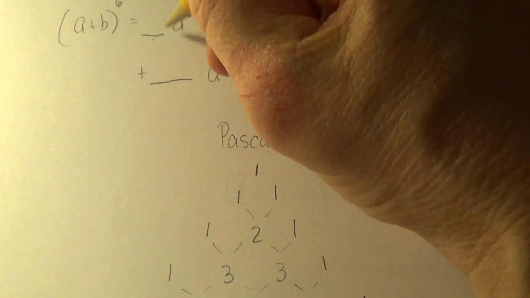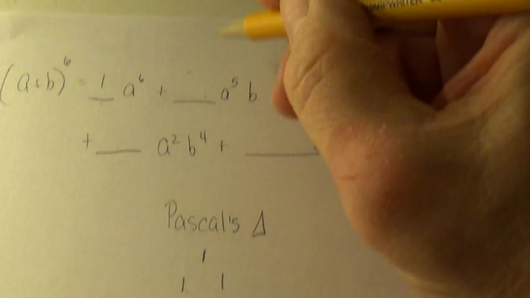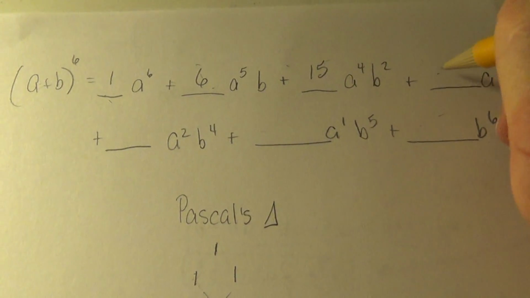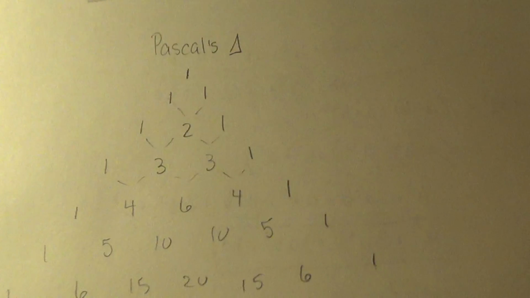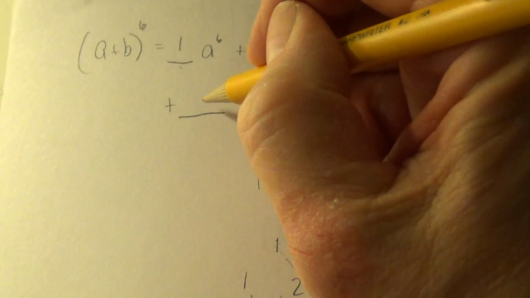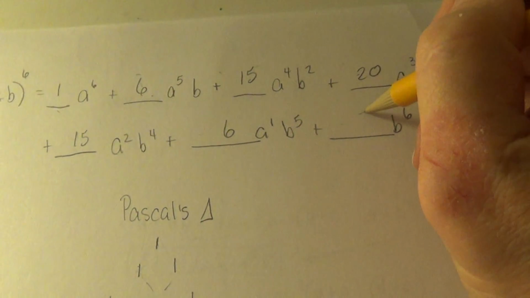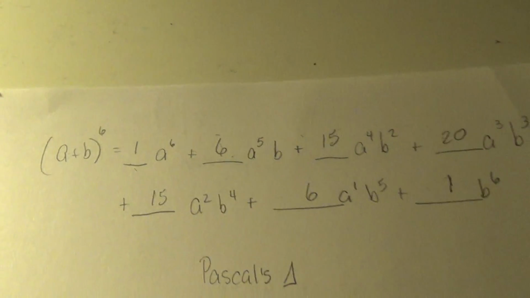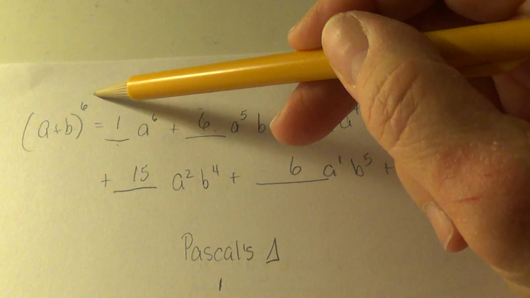So I'm going to put a 1 in the first one, and 6, 15, 20. And then 15, 6, 1. And the 1 I put in for emphasis, I don't need to really write it. This is the correct answer for the expansion of a plus b to the 6th.